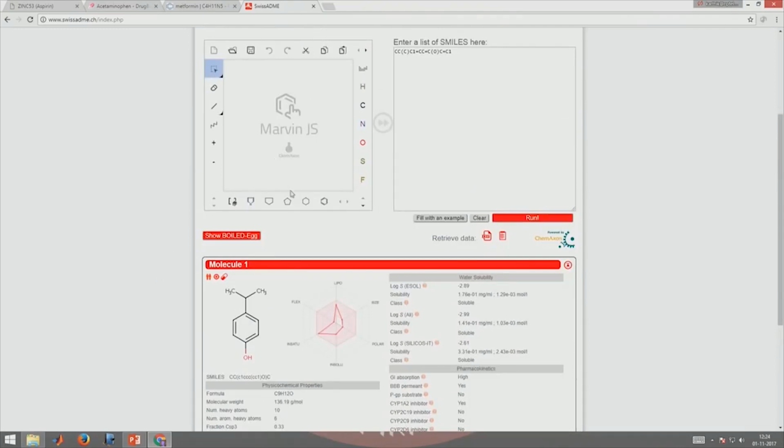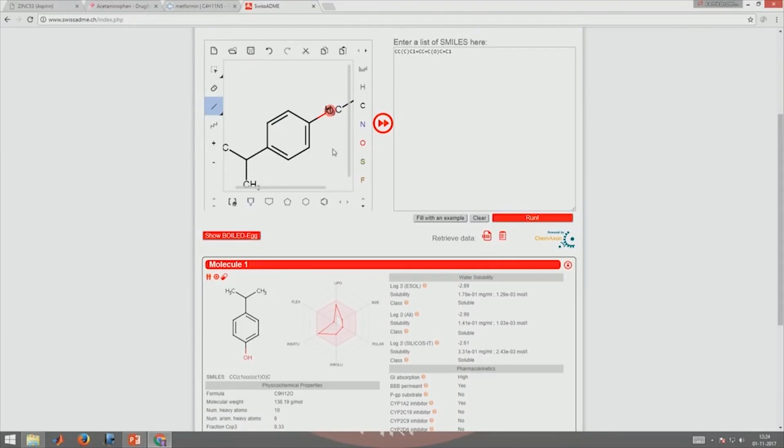So I can modify it a little bit, for example, then I put something like this, and then this, and then this, maybe I put this.